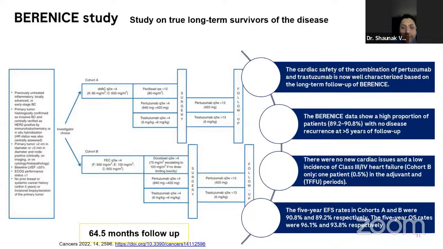The 5-year EFS rates were 90.8 and 89.2% respectively in cohorts A and B, and the OS rates were 96 and 93% respectively. Thus, the BERENICE data shows a high proportion of patients with no disease recurrence at more than 5 years of follow-up. Next slide, please.